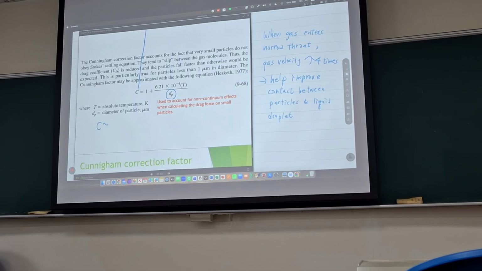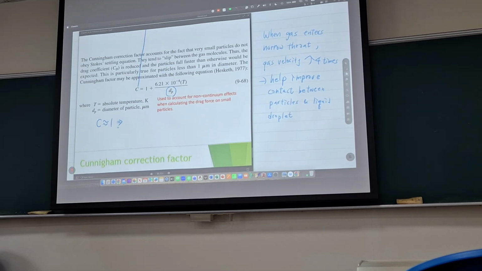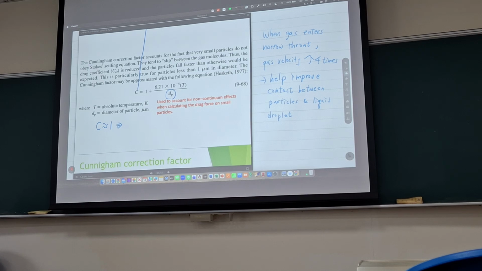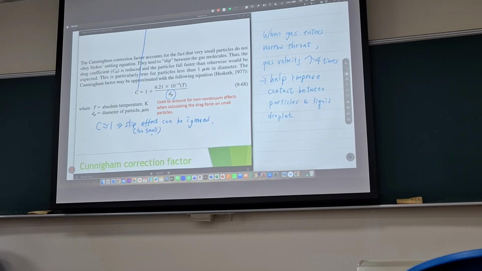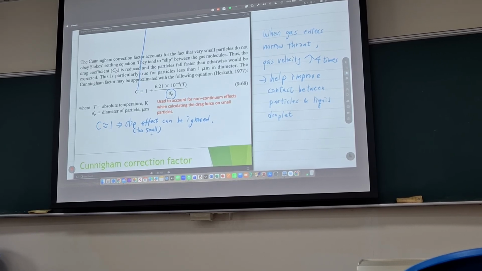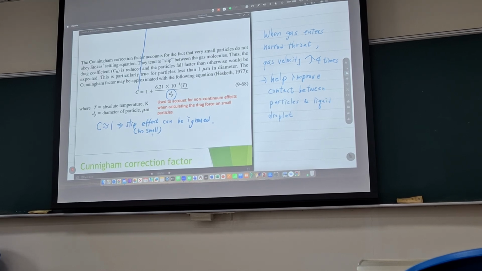So if C is close to 1, the physical meaning is that the slip effect is too small and can be ignored.